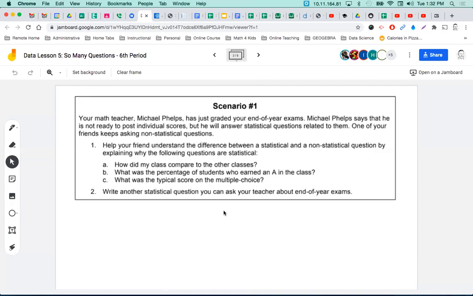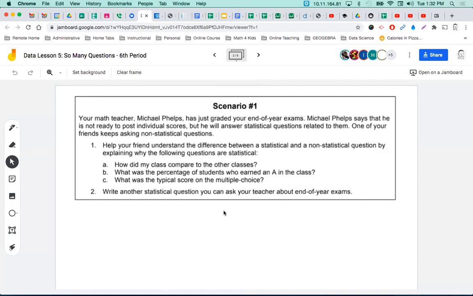But the teacher does have all the data. So what I like about this question is this question's answer could lead you to another more specific question. But I understand why this is a statistical question, because you have to look at all the data between one class and another in order to determine how one class did compared to the other.